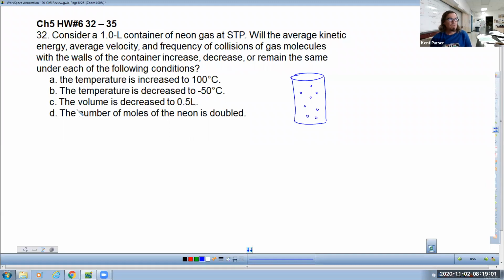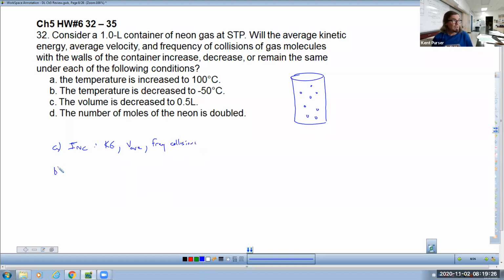Okay, so in part A, what increases is the kinetic energy, right? Higher temperature, more kinetic energy. Also what increases is average velocity. Also what increases is frequency of collisions. So I'm going to say all of them increase.